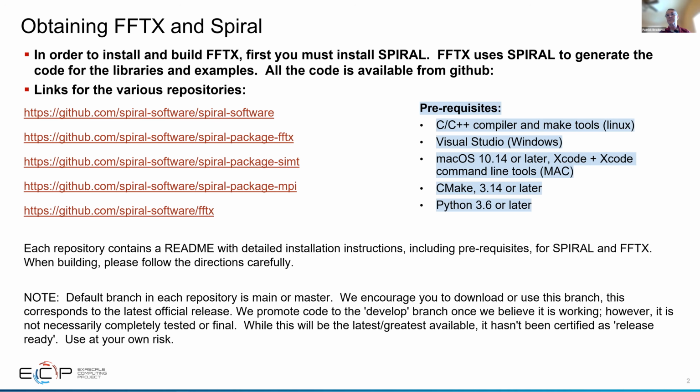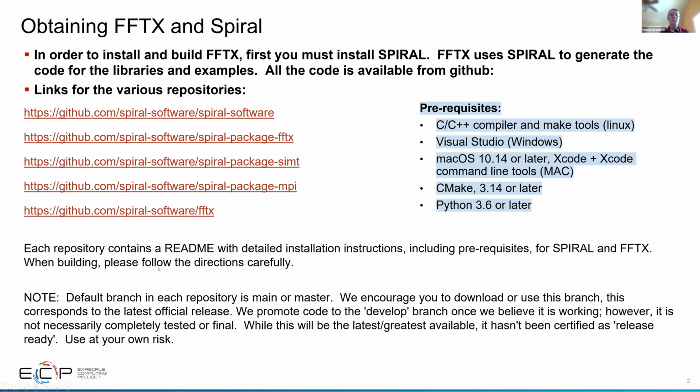A lot of it's pretty standard stuff: a compiler and make tools if you're working on Linux, Visual Studio if you're working on Windows, and if you're on a Mac, you need macOS 10.14 or later, or you need Xcode and the Xcode command line utilities. You also need CMake. We use CMake to create our build system. And Python is also used in generating the library code and building.